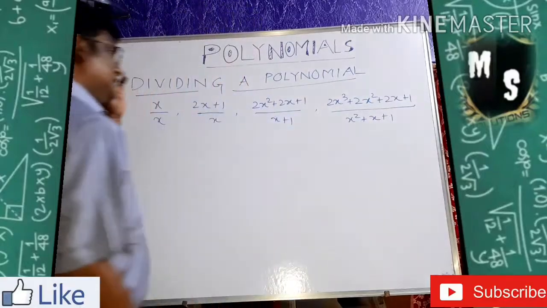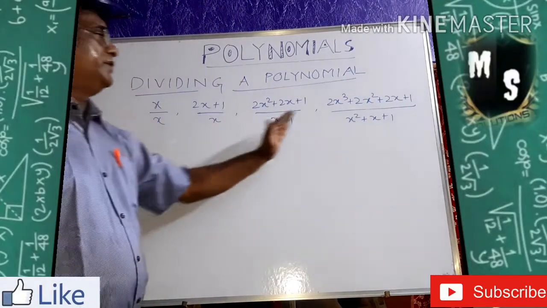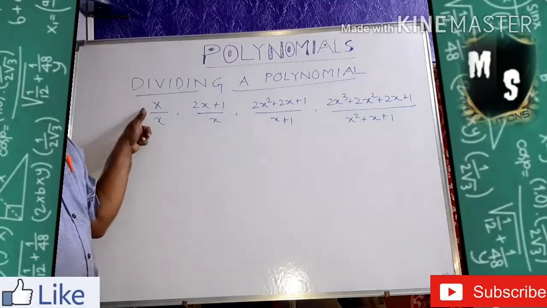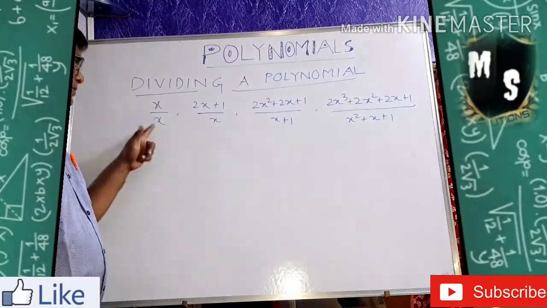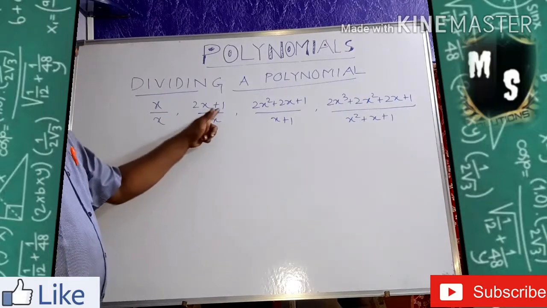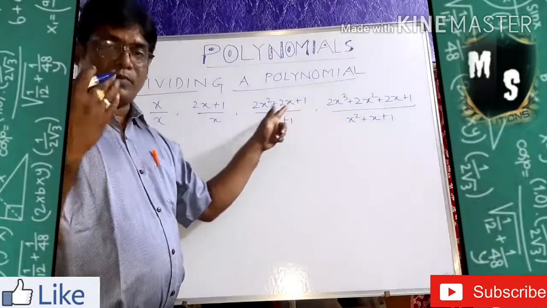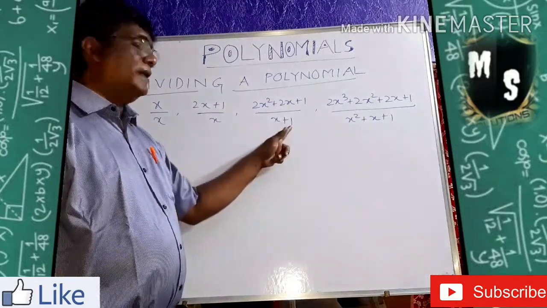See these different types of expressions I am giving to you. These are all divisions. Here it is a monomial having a single term, so it is a monomial with a monomial division. It is a binomial with a monomial division. It is a trinomial or multinomial or polynomial with a binomial division expression.